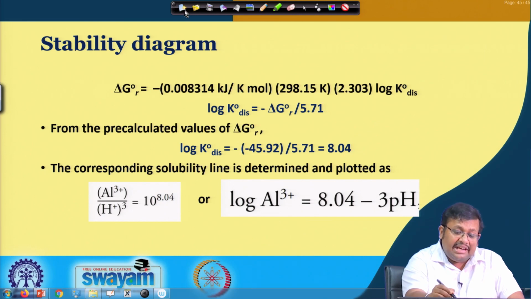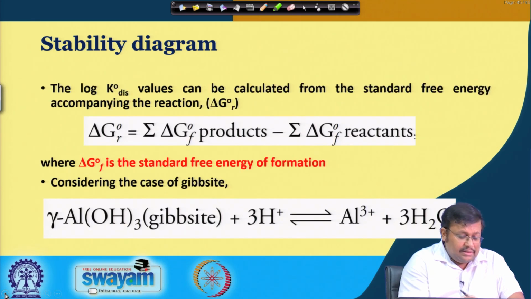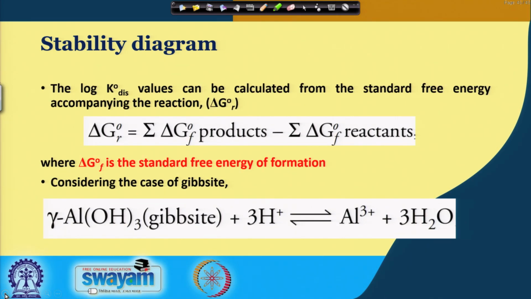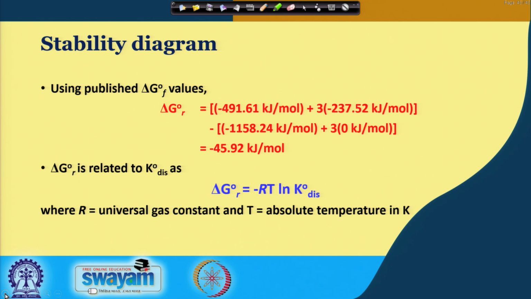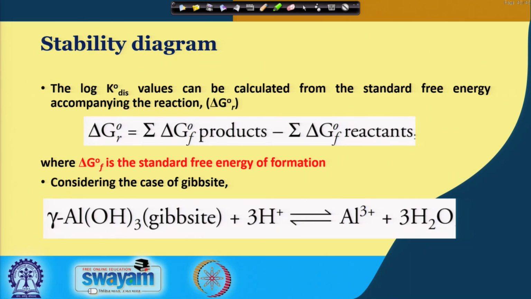Again, let me go back and describe it again. We know that the thermodynamic dissolution constant is basically this K0, and the value of log K0d can be calculated from the standard free energy accompanying the reaction.